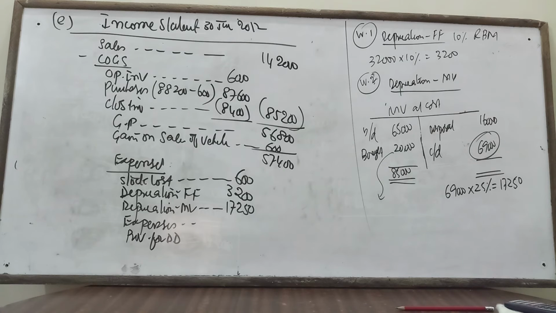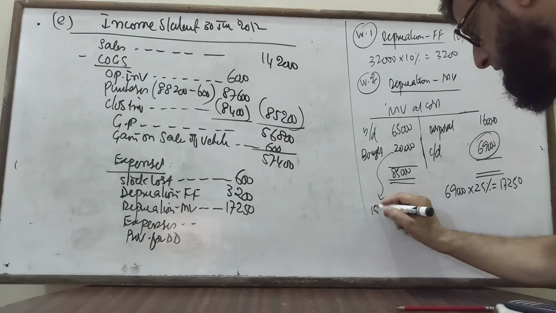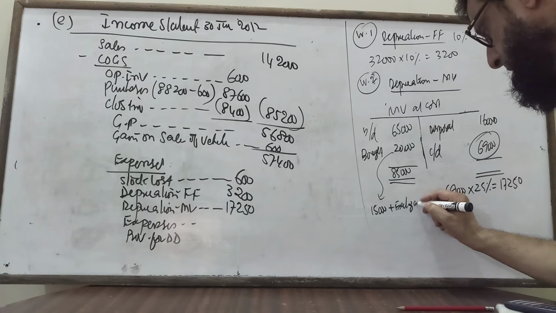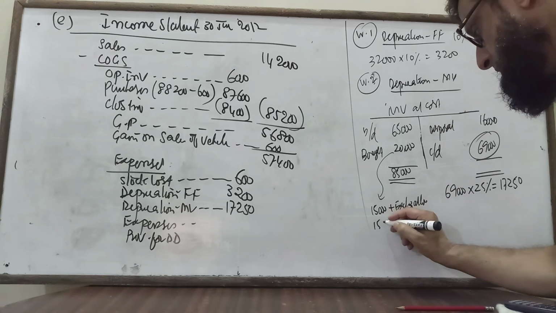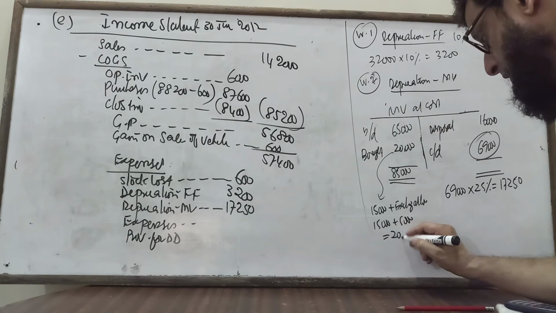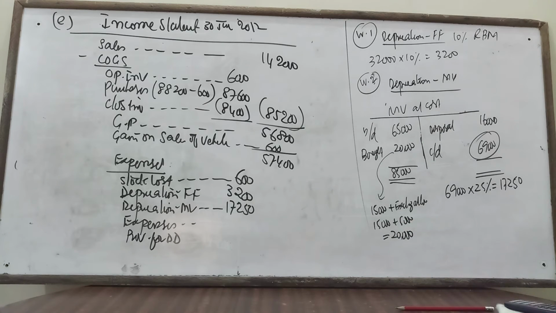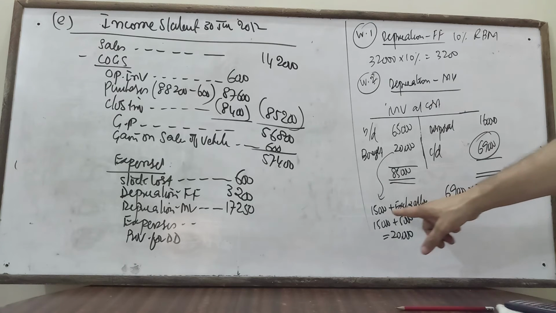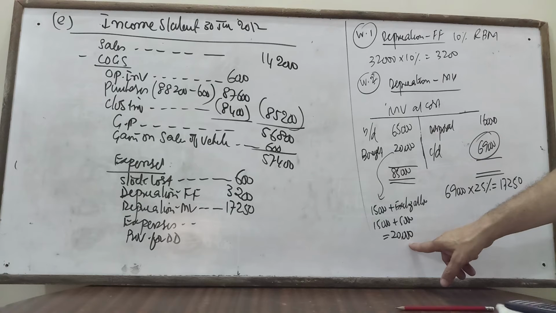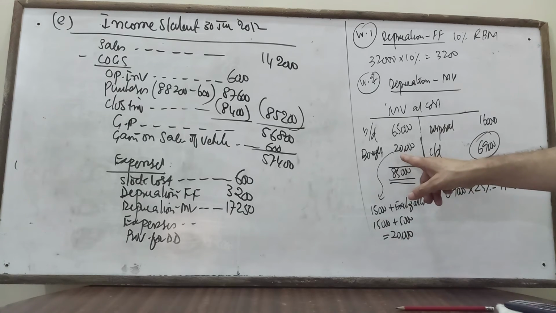Class, one thing you have to keep in mind: why have I recorded 20,000 here? Because if you see in the question paper, the purchase of vehicle is given as 15,000 plus exchange allowance of 5,000, which equals the cost of the new vehicle. Keep in mind, the cost of the new vehicle is always calculated as payment for the new vehicle plus exchange allowance. So we cannot record 15,000 here.